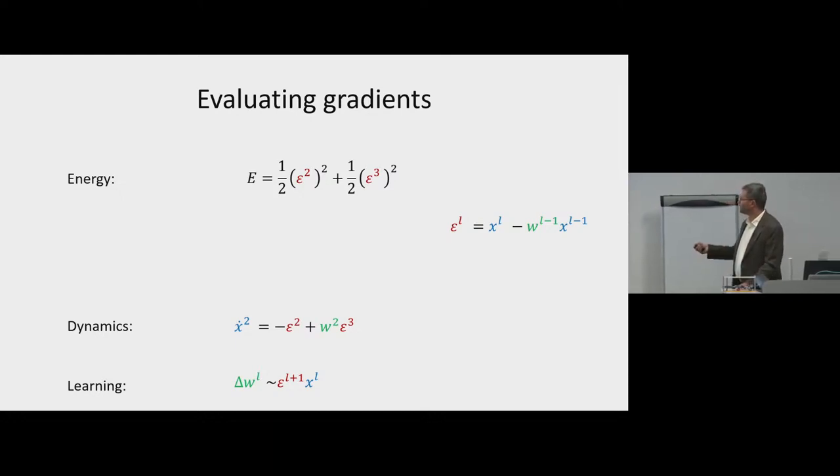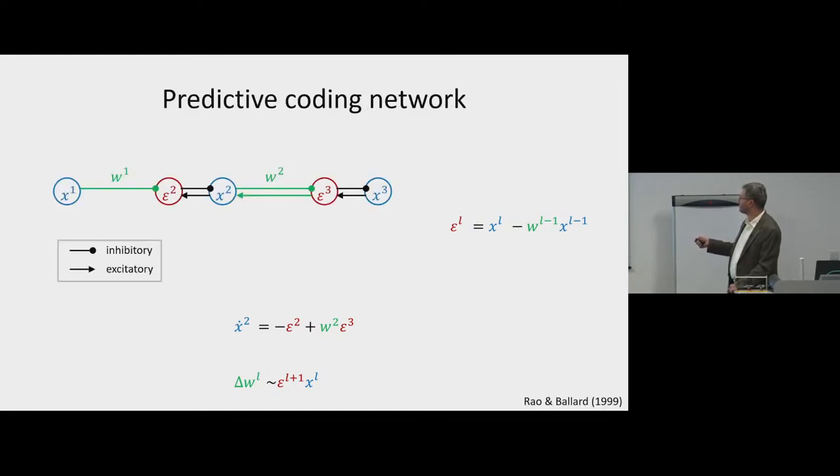And now, if you look at these three equations, you can essentially see that this network really realizes the computations described by these equations. So, in particular, for the error neurons, the right-hand side of the equation corresponds to the input these error neurons get, right? So this neuron gets input from x3, which is this term, and inhibition from W2, x2, which is this connection.